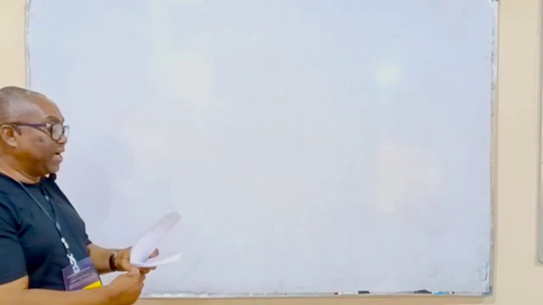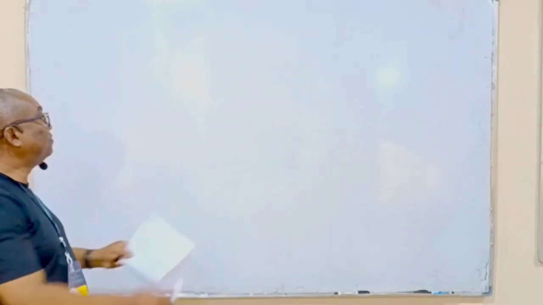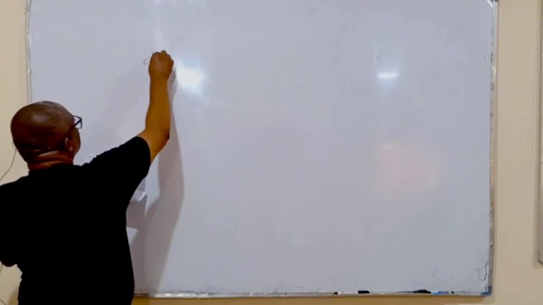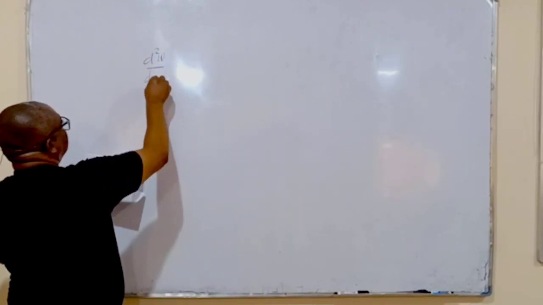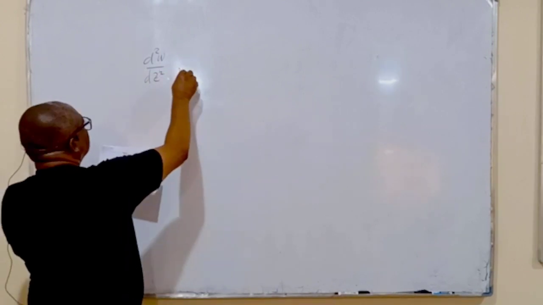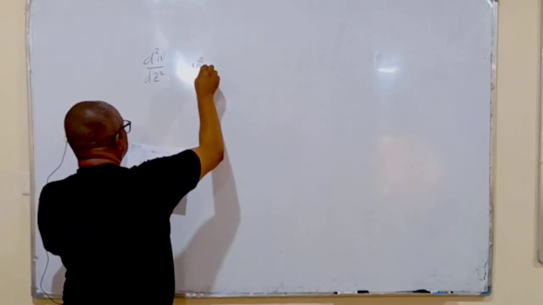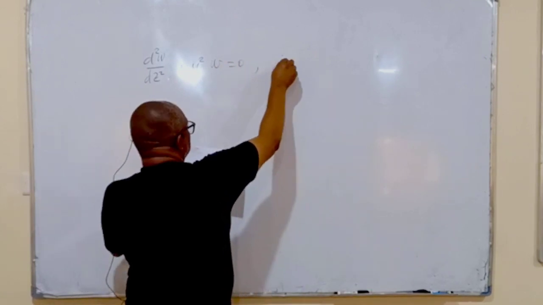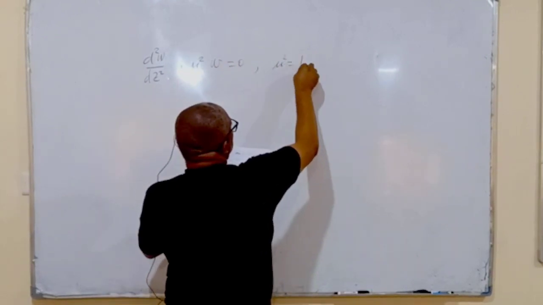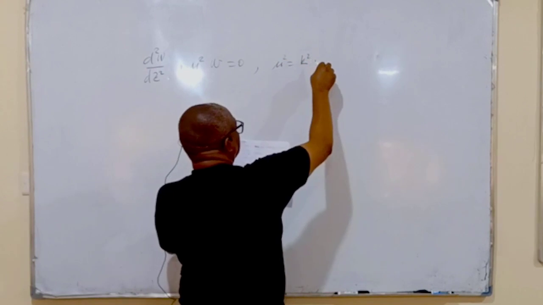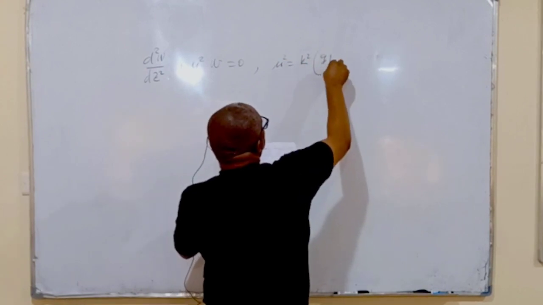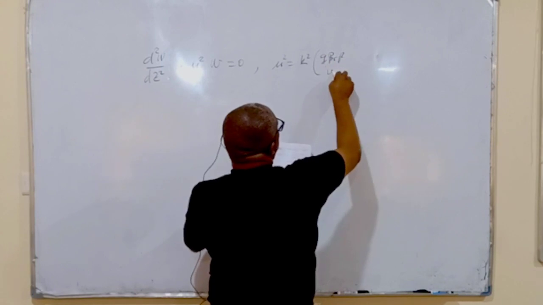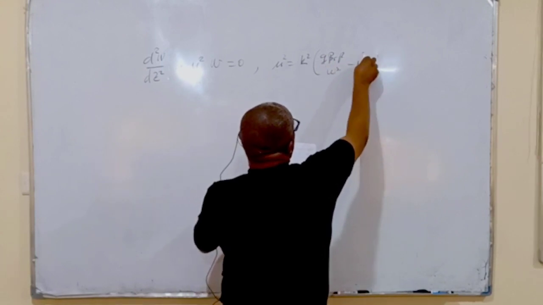Let's say we have a differential equation d squared w over dz squared plus mu squared w equal to 0, where mu squared is equal to k squared times (g beta s over beta minus omega squared, minus 1).